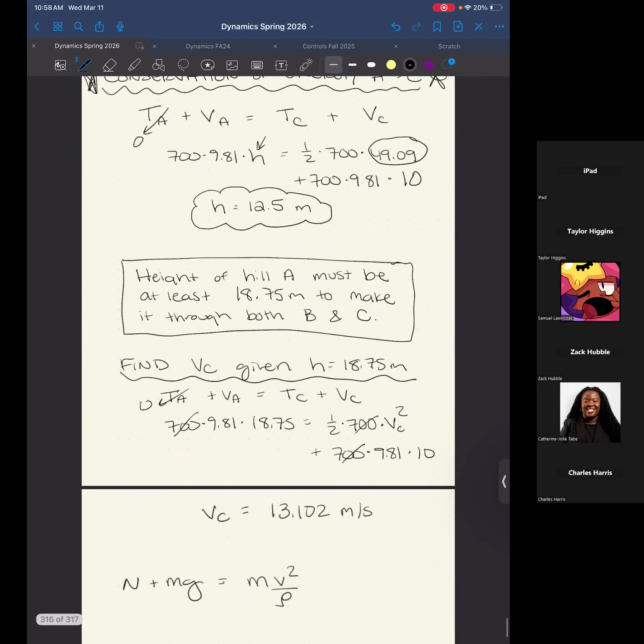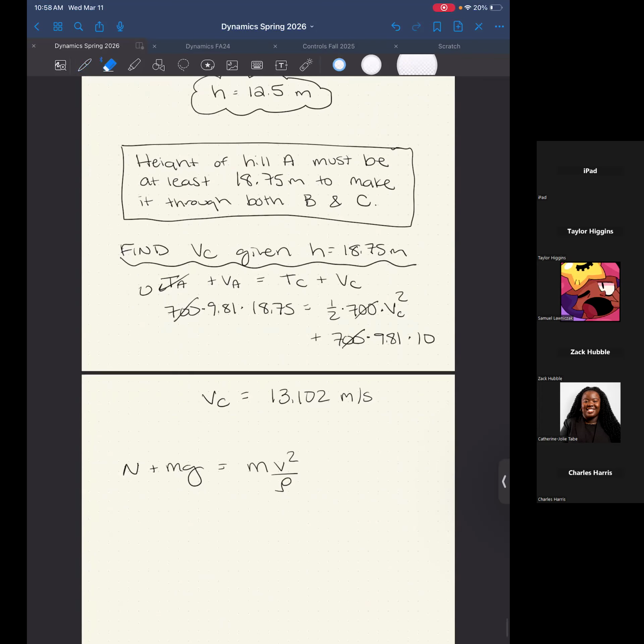Rho is 5. Okay, so N is our unknown, plus 700 times 9.81 equals 700 times 13.102 squared over 5.